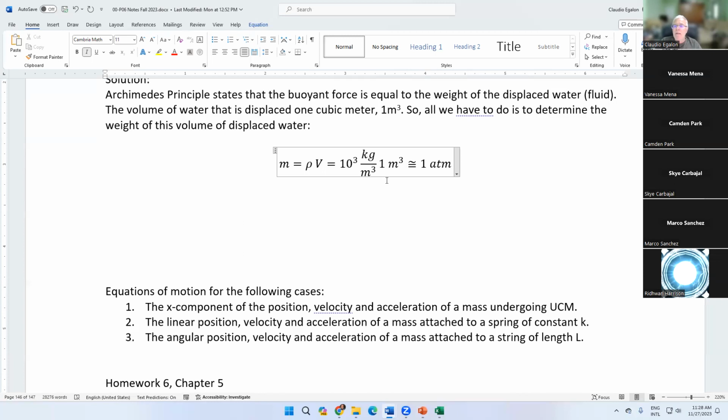The volume of the displaced water is 1 cubic meter.